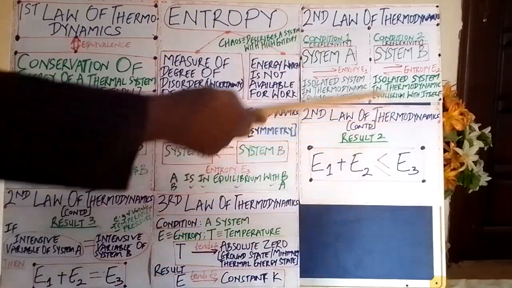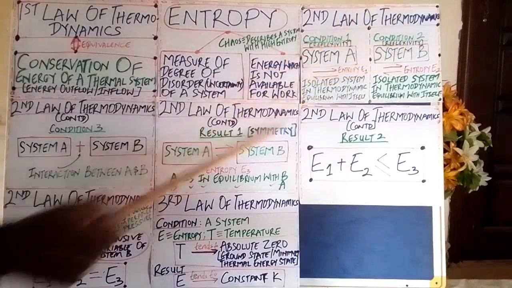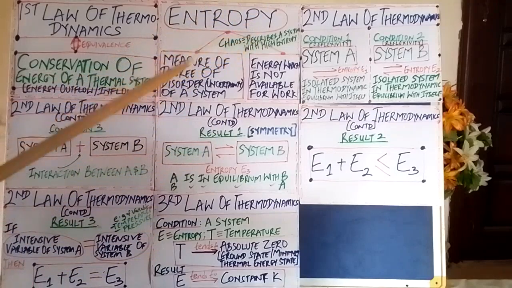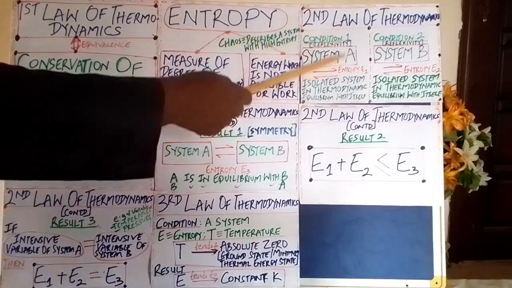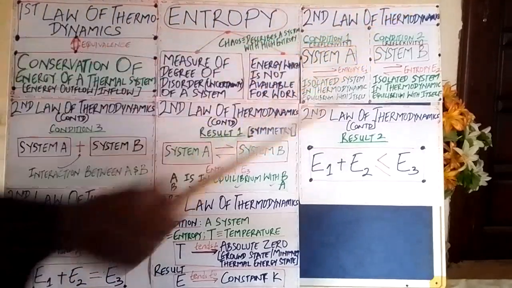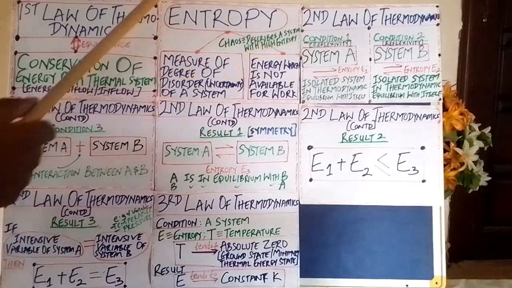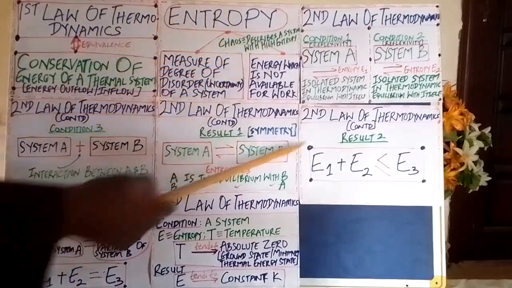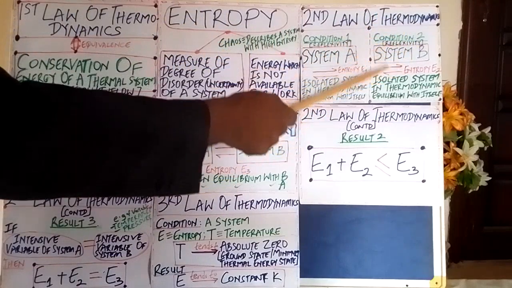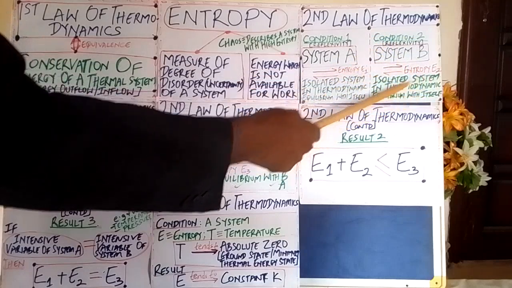Then you also have another system, B. Just as I've used the two-burner stove, you have your pot of water, your kettle of water in one, and another kettle of water in the other, in such a way that they don't have any interaction with one another. So the system B, just like system A, is also in thermodynamical equilibrium with itself.